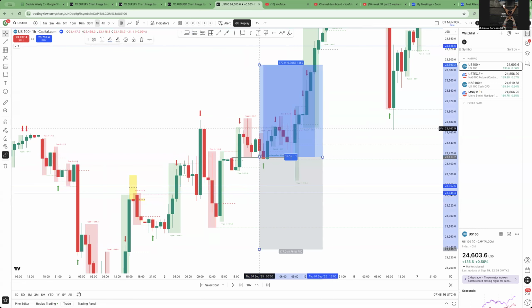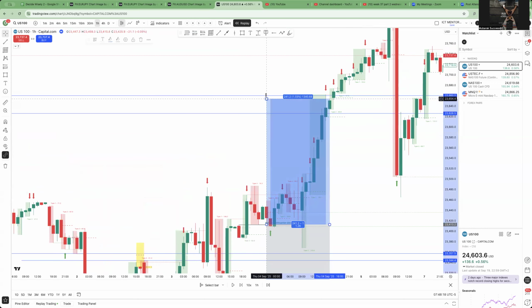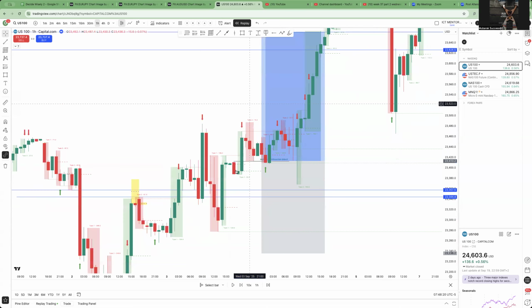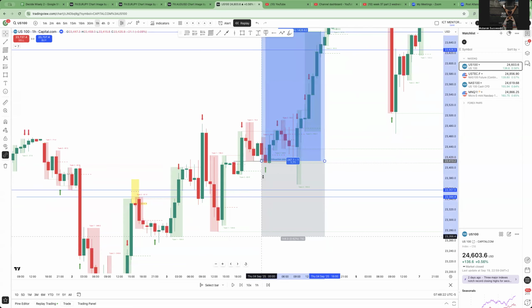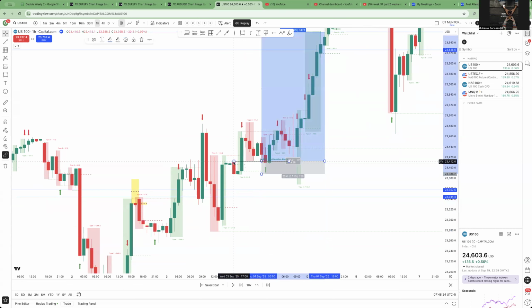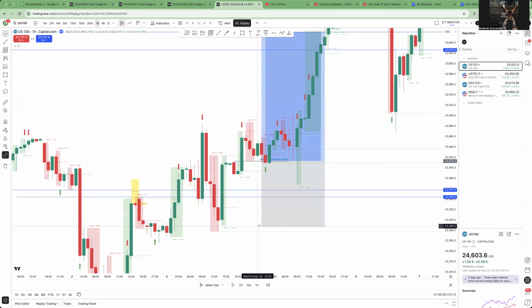Buy. Target. Bullish continuation block. Expansion. There. This is my stop loss, not here.